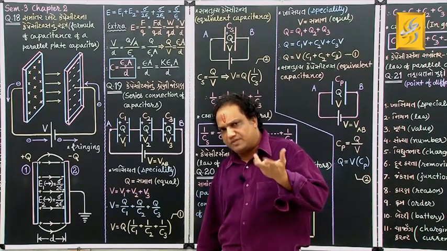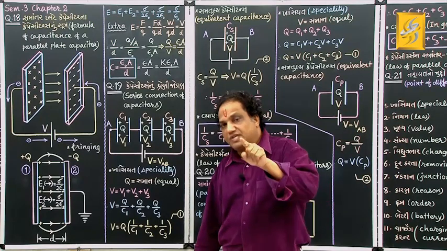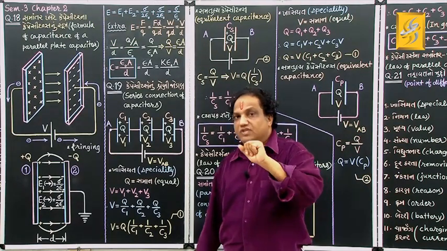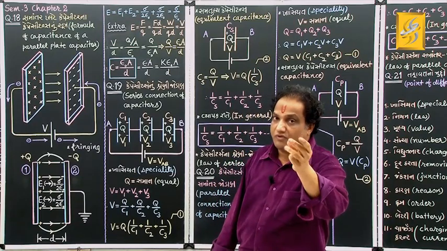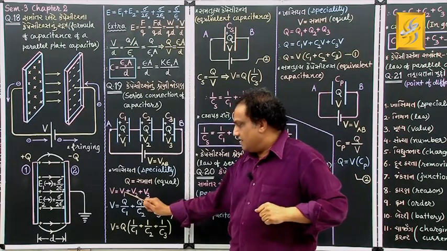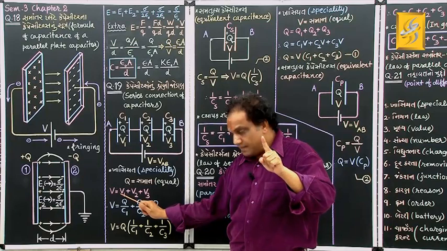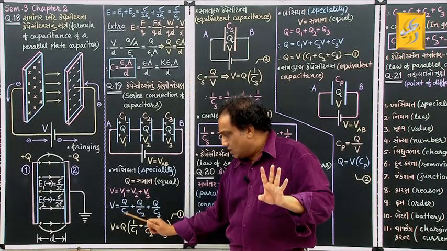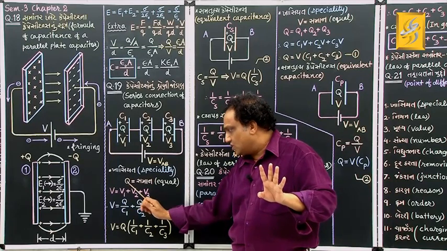Fine. Now what is V1? Don't you know the basic capacitance formula? C equals Q upon V. If C equals Q upon V, then V equals Q upon C. So V1 you should write as Q upon C1. Don't write Q1, Q2, Q3 because Q is equal.